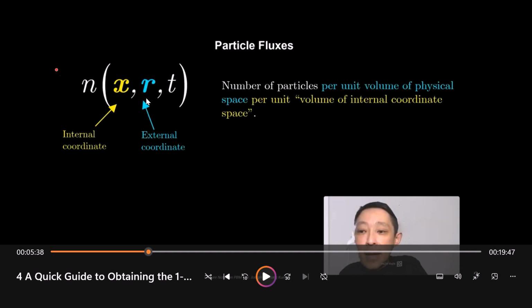Nevertheless, it's probably very difficult for you to understand what the internal coordinate is. But on the other hand, it's easy to understand that the external coordinate is the position, right? So if you first try to understand the population balance model through the external coordinate, the position, and then use your imagination to treat the internal coordinate like the external coordinate, then it will be easy to understand this model.